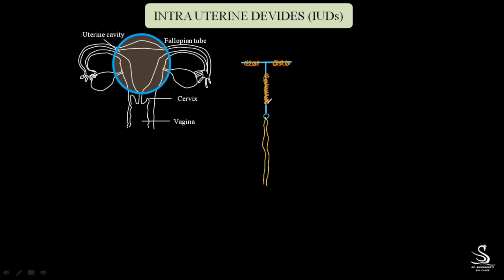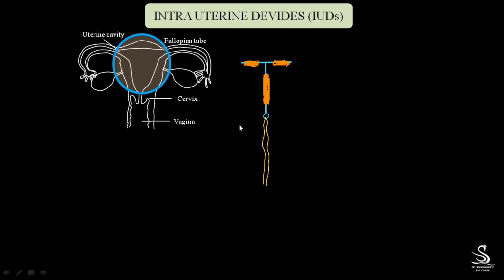Then if these are hormone-releasing IUDs, then they are going to place hormone-containing drums on these arms. Either they may fix three drums, or sometimes they use only one hormone-containing drum. This is how the different types of IUDs are.